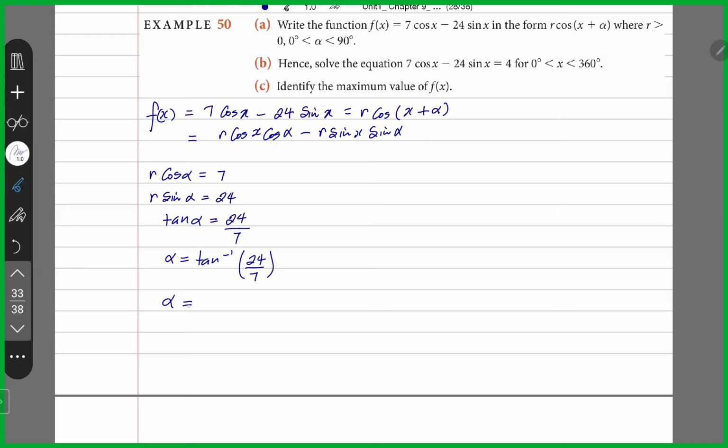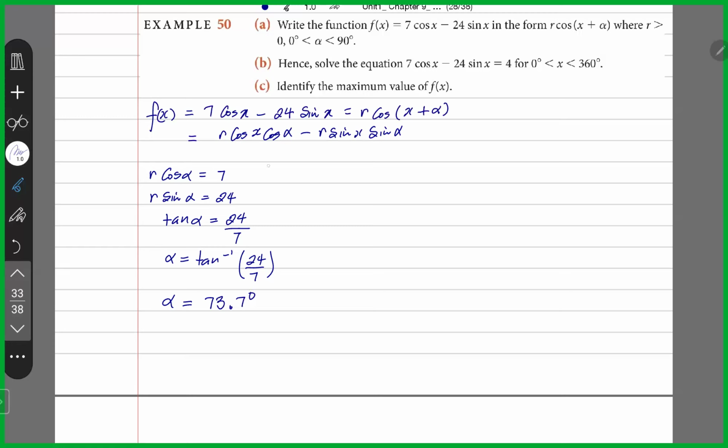So alpha is equal to 73.7 degrees. That's alpha.